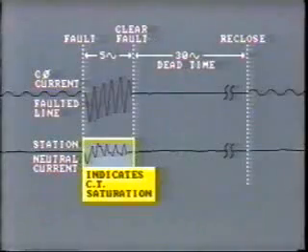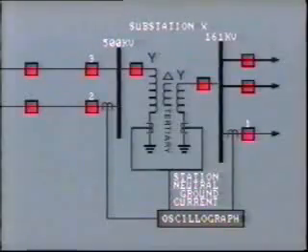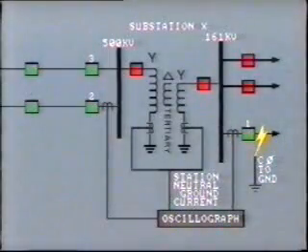The problem of CT saturation was noted on the fault analysis report for future consideration. Sure enough, a few months later, a similar fault occurred on the 161 kV system. But this time, the 500 kV breakers tripped incorrectly before the 161 kV breaker could clear the fault.